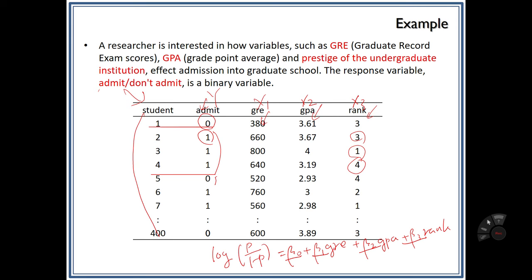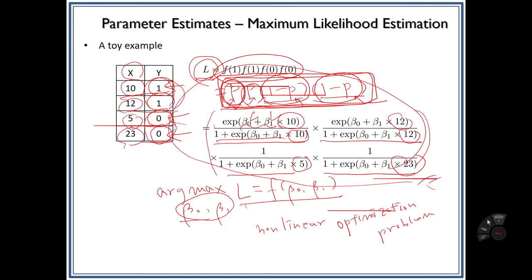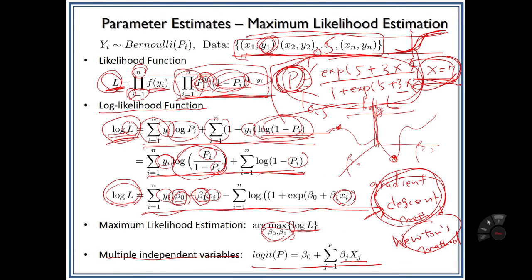And because there are 400 observations and lots of numbers in there, we cannot solve this maximization problem of the likelihood function by hand.